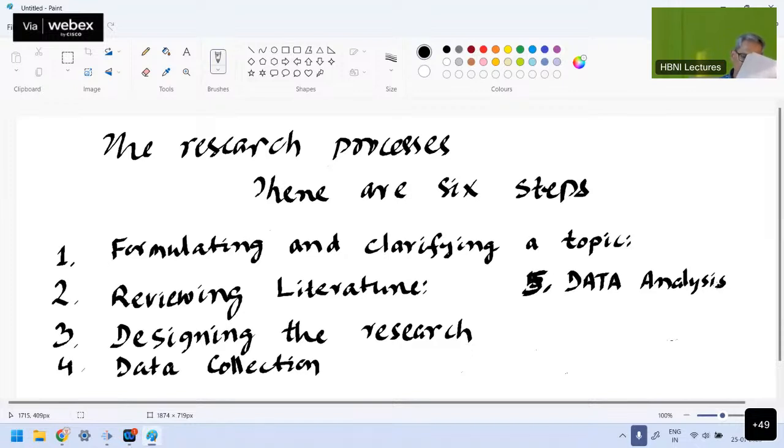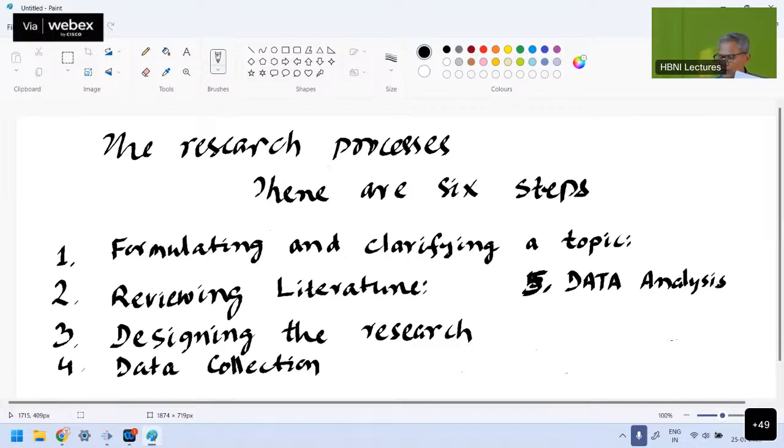Then you have to analyze this data, for which you have to implement certain statistical and analytical processes so that you can develop certain indices or measures. You may also use some computer software, and using those, finally present your data in a meaningful way.